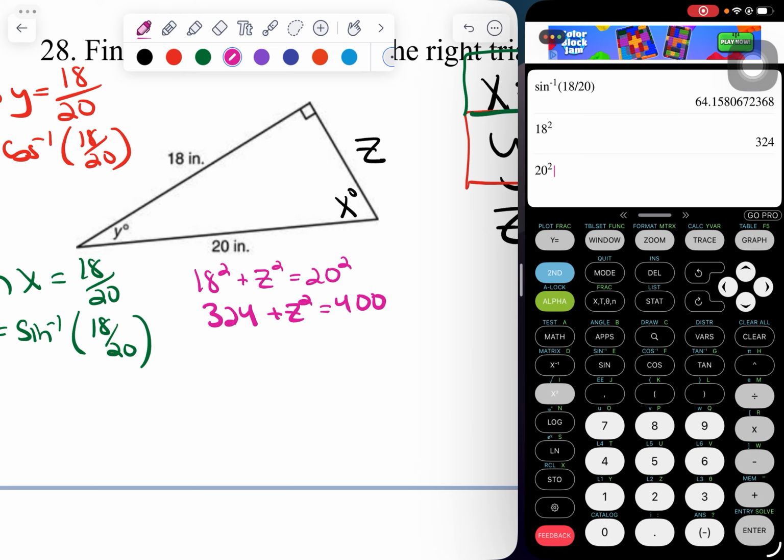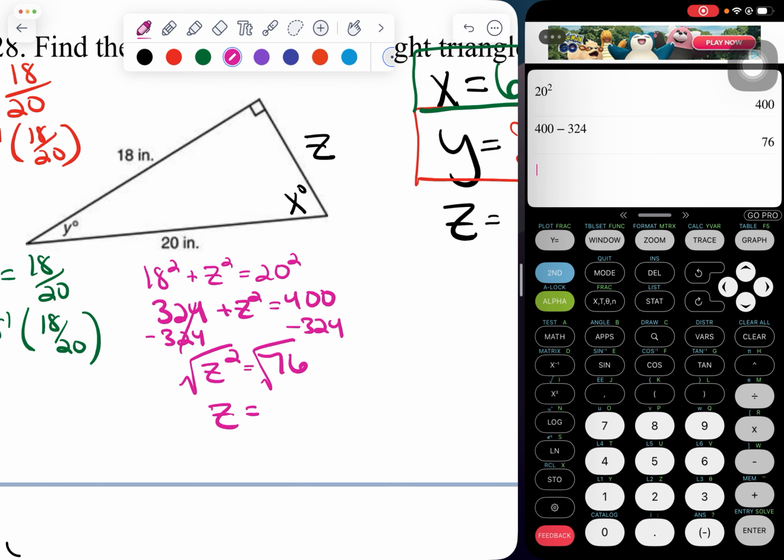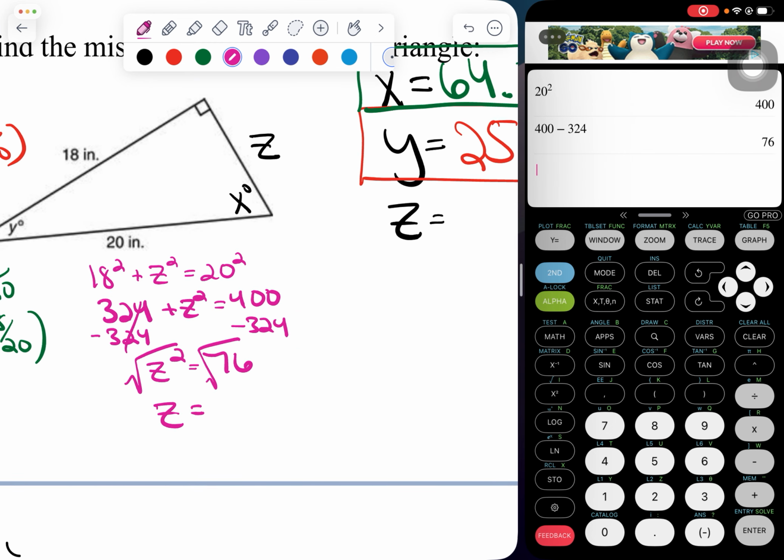Let me double check that just to make sure. It is, okay. So if I subtract 324 from both sides, Z squared is equal to, I think it's 76. 324, I was right, 76. All right, square root both sides. Z is equal to the square root of 76. How can I break that up?